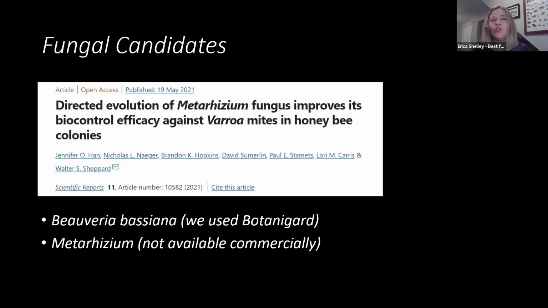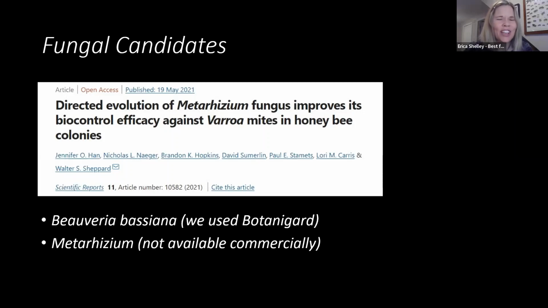So these were two candidates that we were looking at, and we were choosing to use already existing strains that had been used previously, because it would just require a change of label use instead of having to register an entirely new strain with the government agencies that regulate these kinds of things in the different countries.